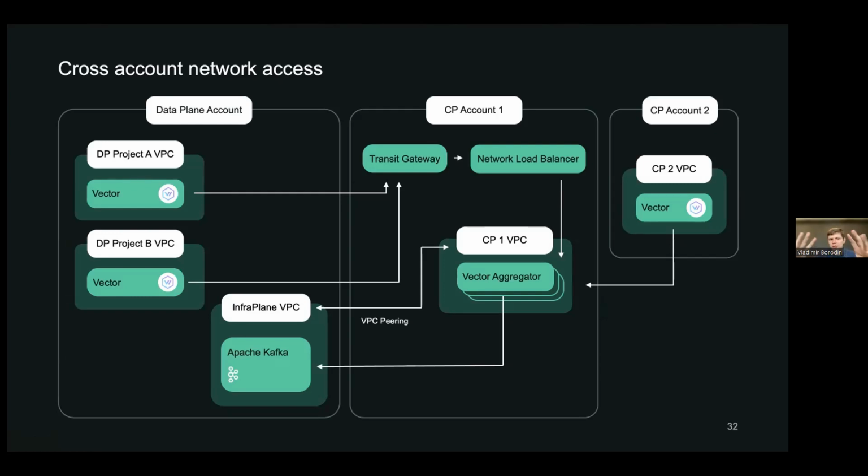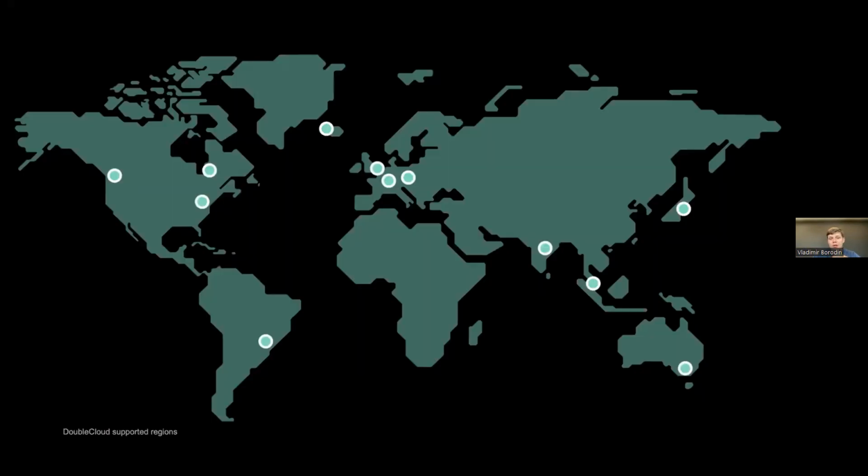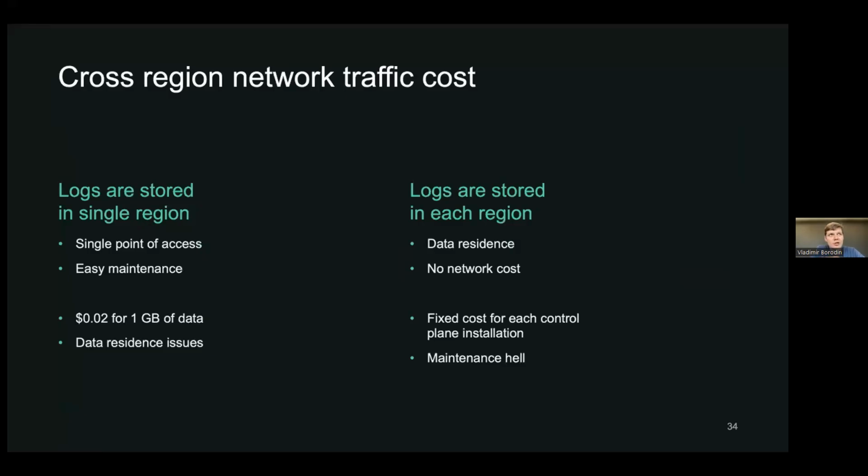And that whole picture is actually for a single region, while we provide our service worldwide in different regions, and it becomes even more complicated. There are two ways of storing your logs in a multi-region setup.